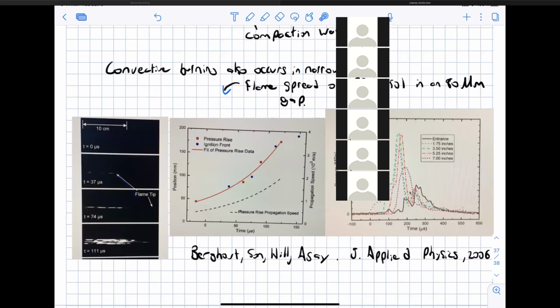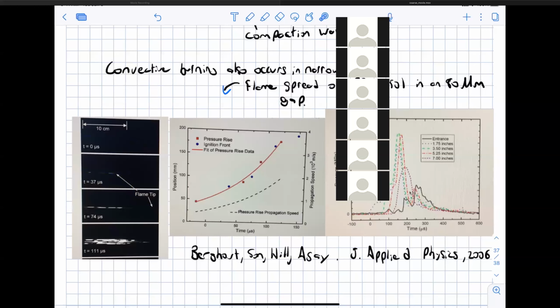Even though the gap is extremely small, they still see a very fast luminous flame propagating through it. They see extremely high pressures, depending on where they put the pressure transducer, on the order of 800 megapascals. Again, it's nowhere near the 30-40 GPa that you would see for a detonation, but still high enough that they blew up a couple of their test rigs.